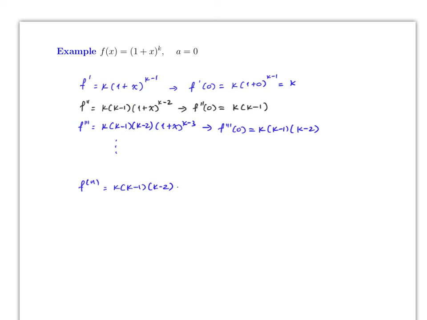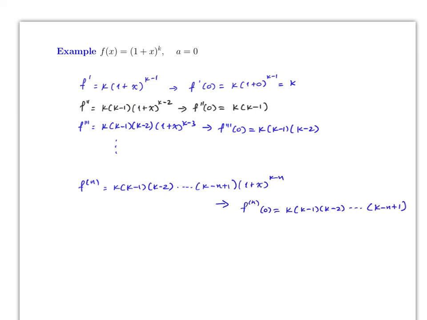So therefore it's going to be times (k - n + 1), then (1 + x)^(k-n). And obviously when you plug in the value 0, this is just going to be k(k-1)(k-2), all the way to (k - n + 1).